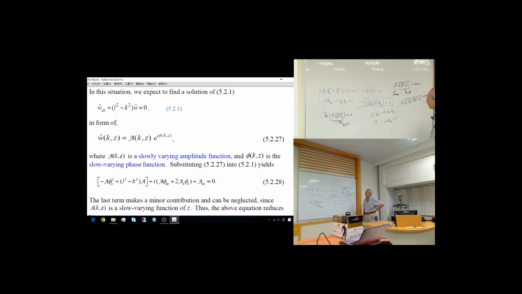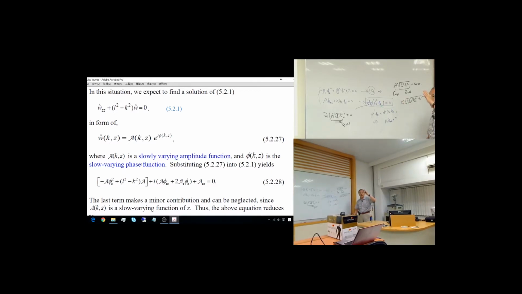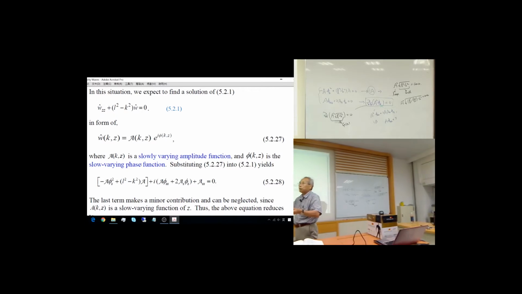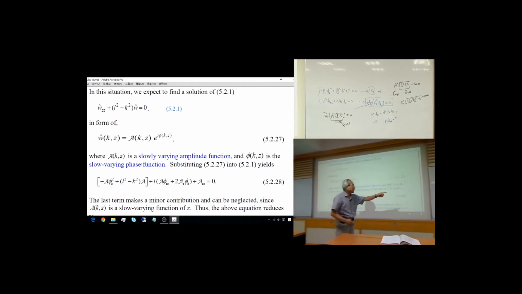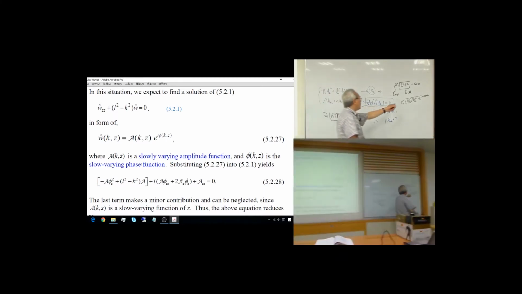What does that mean? This means we are interested in when A can become large, because we are not interested in the wave dissipating or becoming small. We are interested in wave amplitude becoming large. A becomes large when this becomes small.